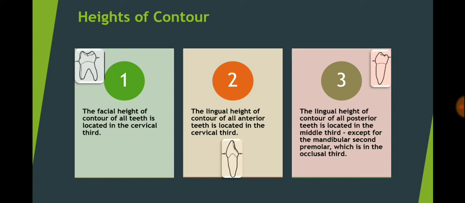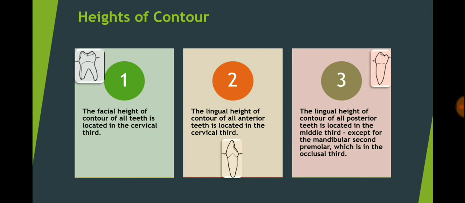And you can see that where the arrow is pointing, the facial height of contour is in the cervical third. So the facial height of contour of all teeth is located in the cervical third. When somebody asks, what is the facial height of contour of this tooth? Just know it's cervical third.